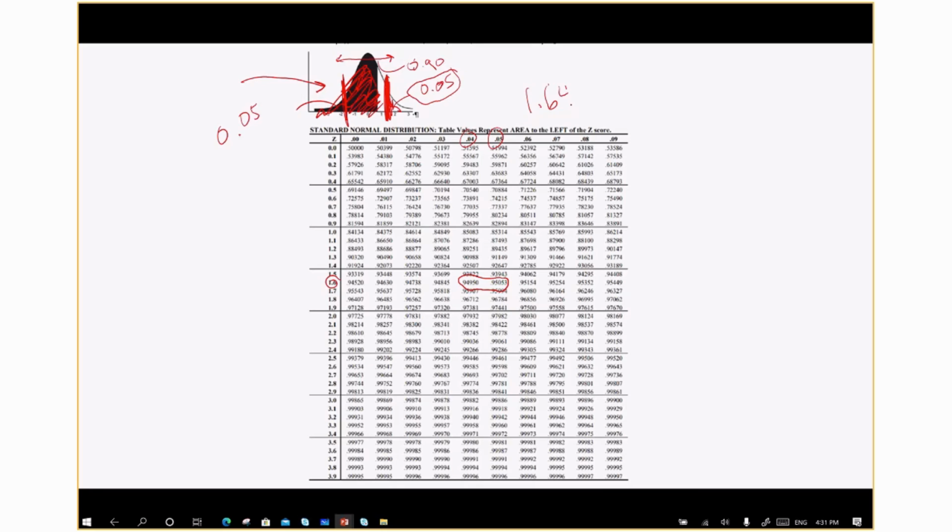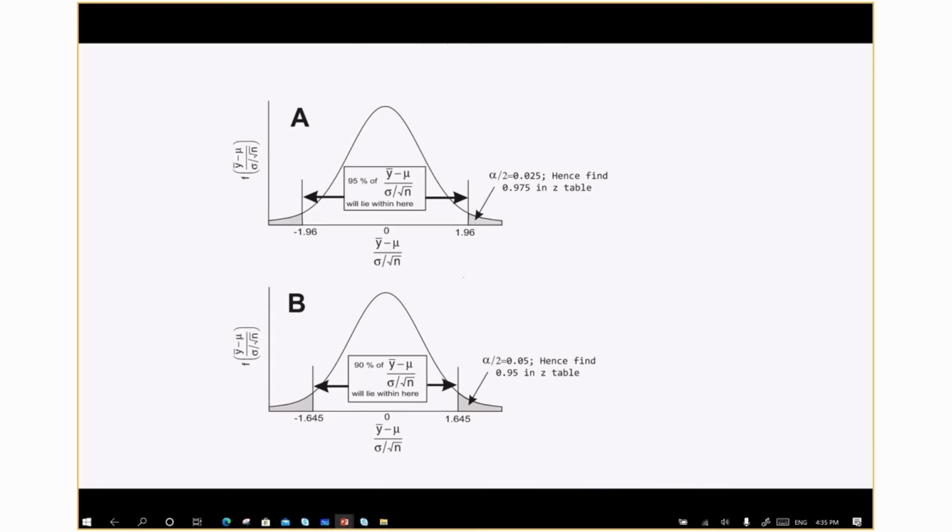So let's go back to the whiteboard. This is a figure from your notes. Earlier we looked at this. Now what I want to look at is this. Remember, the idea is that y bar minus mu over sigma over root n has a standard normal distribution. And that's what allowed us to use our Z table. So what does this mean?